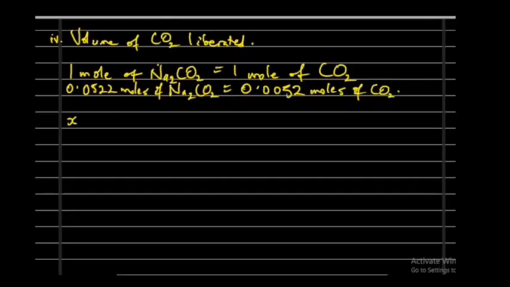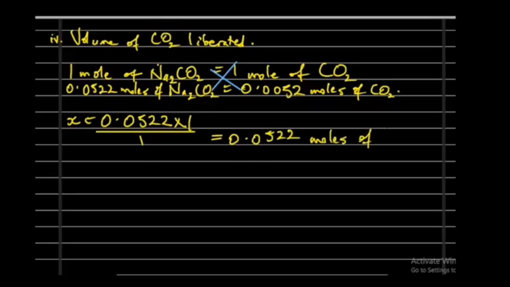And then from that we can see that X equals 0.0522 multiplied by 1 divided by 1. That is if you choose to cross multiply. So invariably we have 0.0522 moles of carbon dioxide. So using that, let us now calculate what we actually want to calculate.